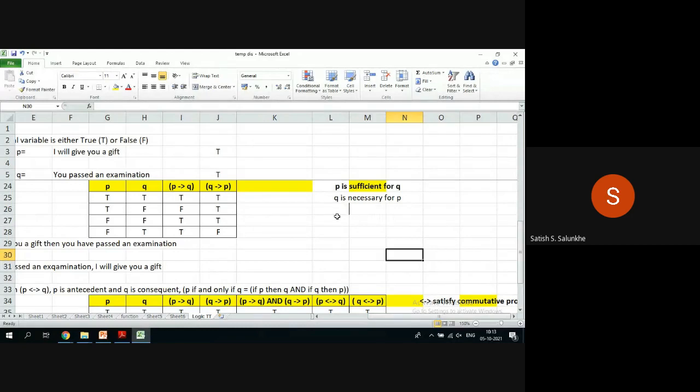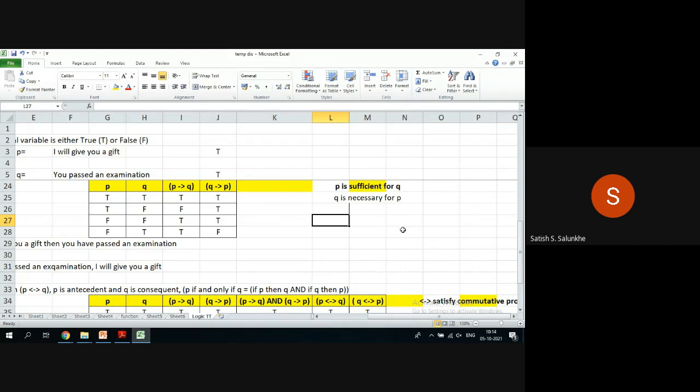Means what? What is another way I can say this? Let us say if you pass an exam, then you clear the course. So to clear the course, you need to pass the exam.